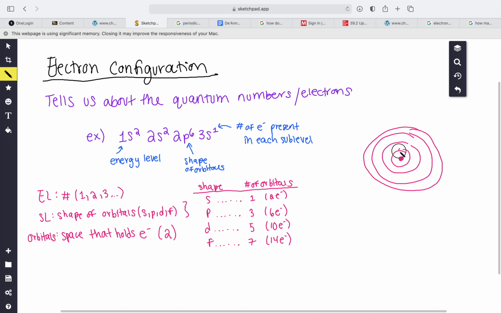So we'll say this one's filled, this is filled, this has basically filled. We know that the octet rule tells us that we can only have 8 electrons present in the outside energy level, right? So what happens if we need to add another electron?